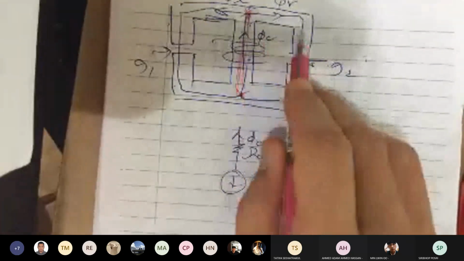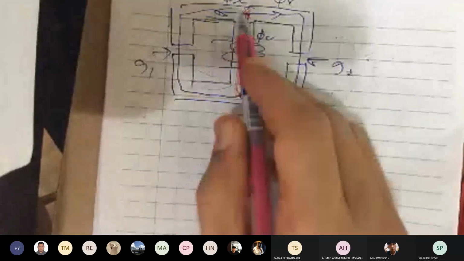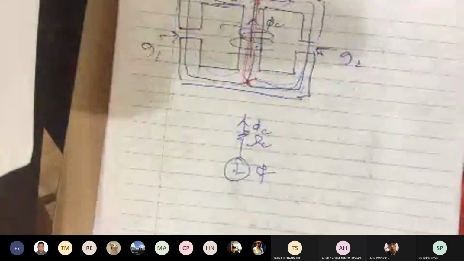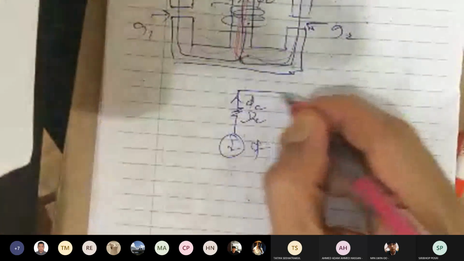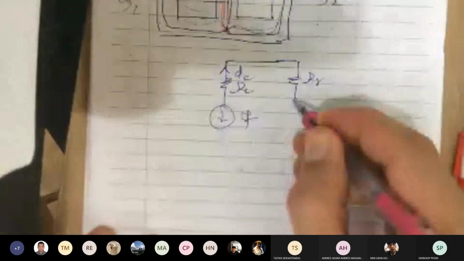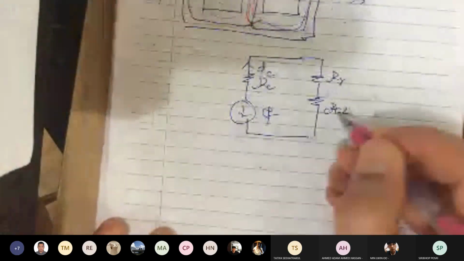BC. Again, it then splits to the right, this whole length. It splits to the left, this whole length, and passes through the core and the gap. That's why. Let's go like that. R right, RG2.